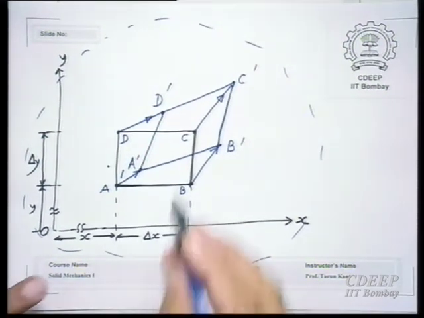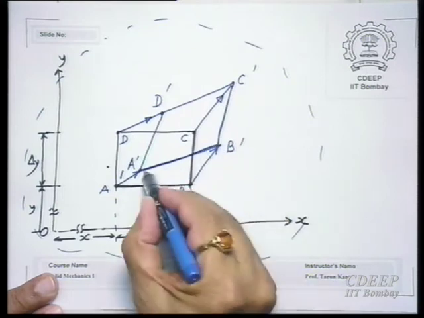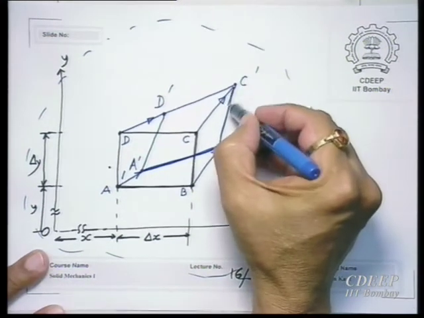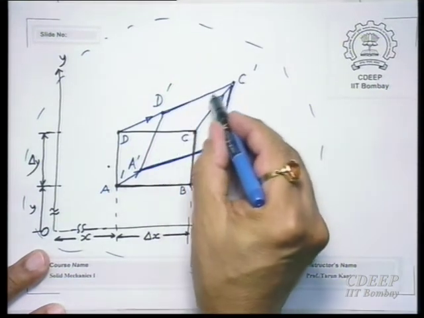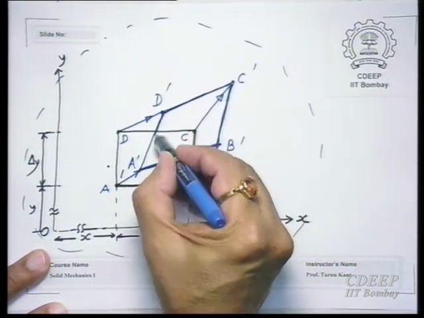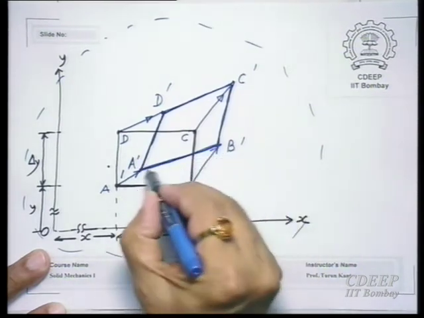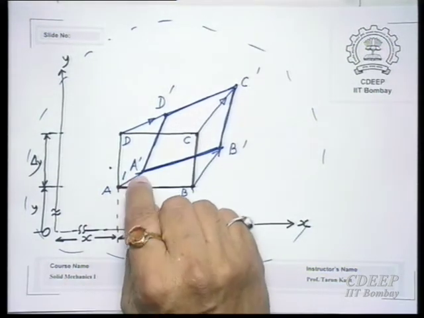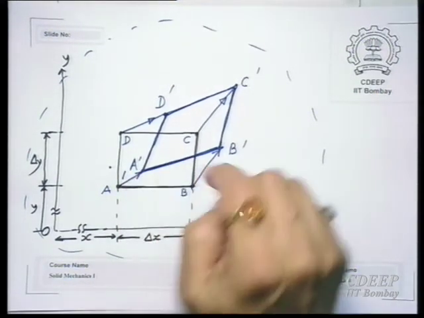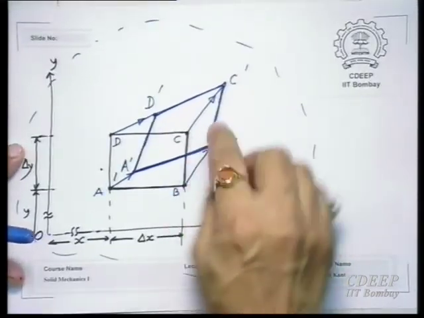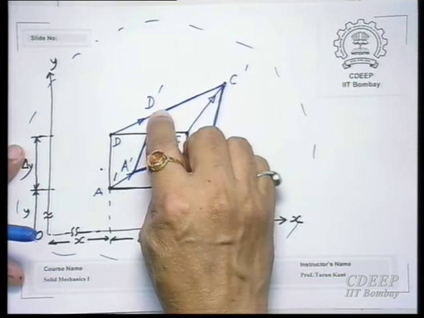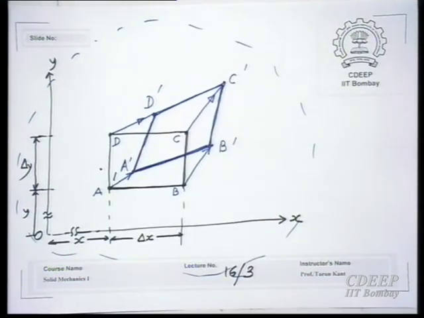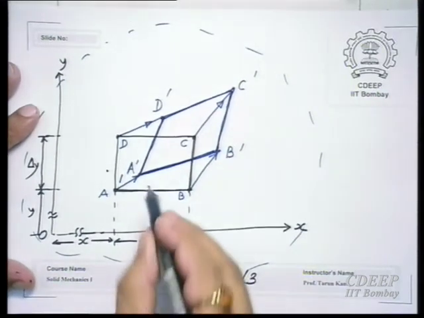So this rectangular element which was there has now become this. dx dy is not large, they are all small quantities. The displacements of the points are also small. This is the displacement vector of point A, of B, of C, and of D. For simplicity, let us take the components of these in x and y.